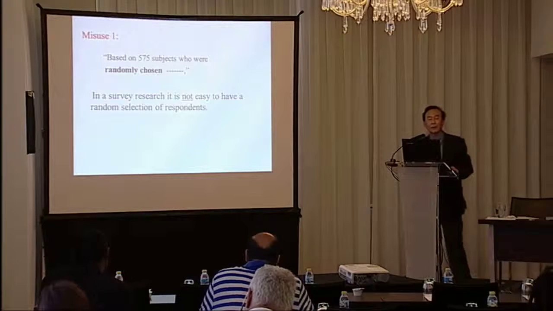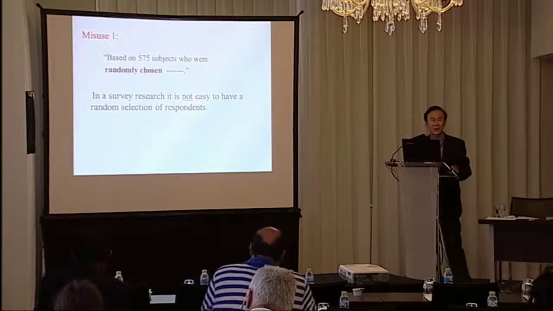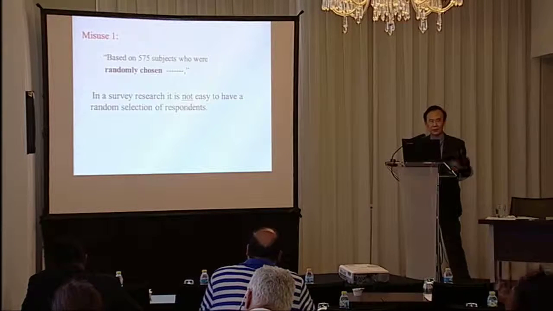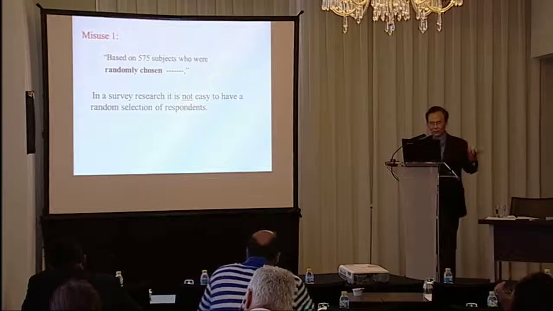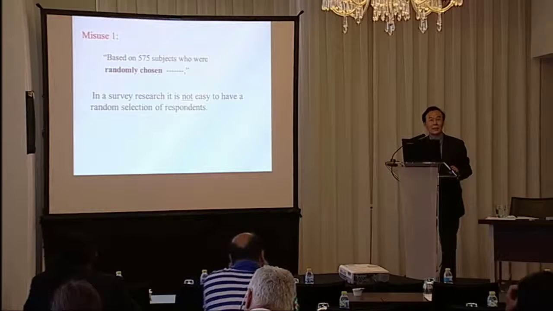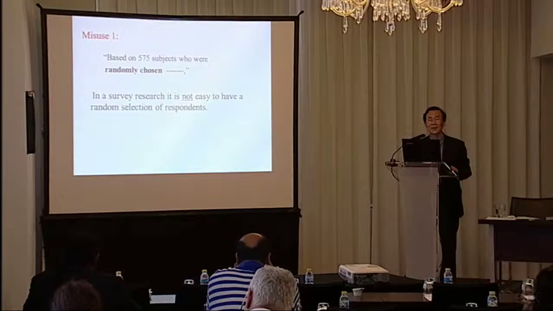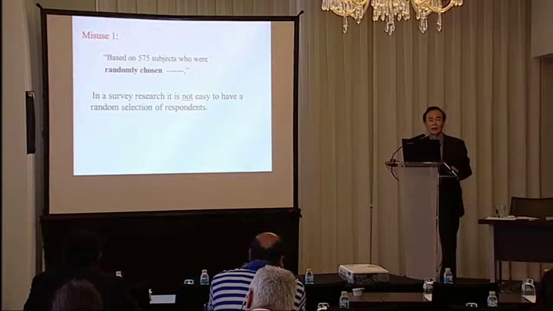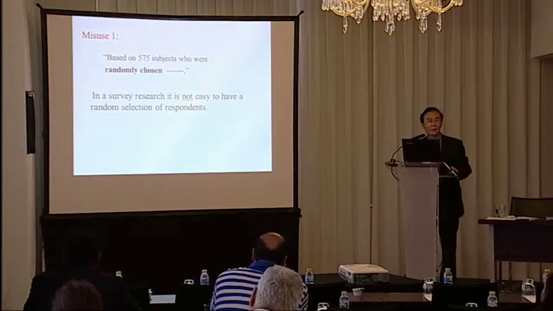Now let me talk about misuse 1. Too many, if not all, of the research papers in medicine and dentistry and nursing and all the other areas state that results are based on 575 subjects who were randomly chosen. Now, when you talk about a survey questionnaire, you rarely ever get a random sample.